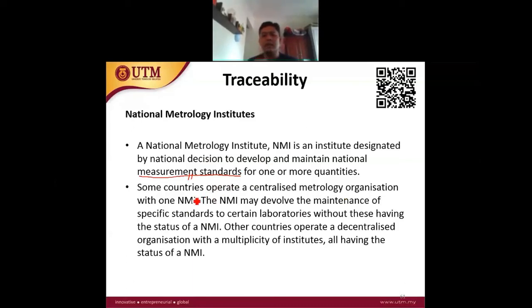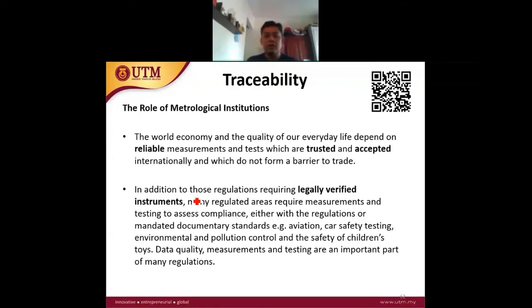Some countries centralize the metrology organization. Some countries decentralize and split the organization into other institutes, but all have to report to the National Metrology Institute.